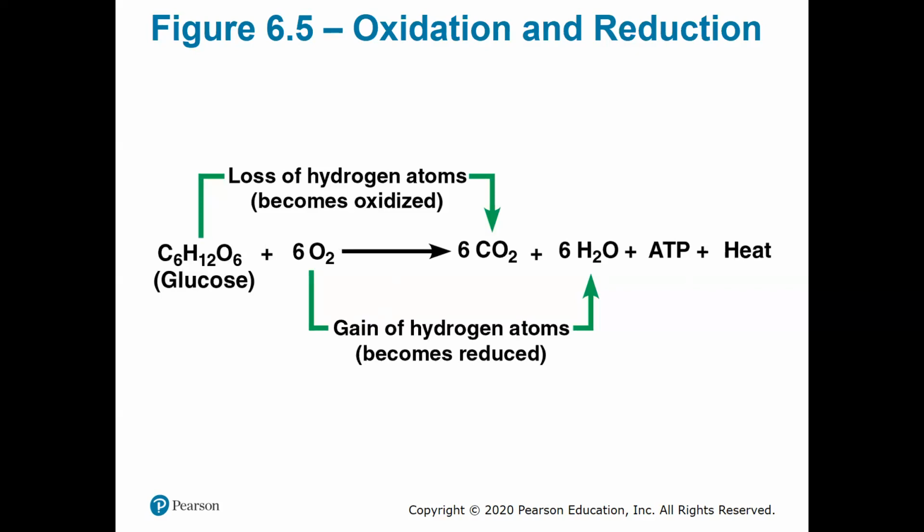So this is the equation for cellular respiration again, but now the molecules are labeled as either being oxidized or being reduced. So if you'll notice here, if you go from having hydrogen molecules like glucose to losing those hydrogen molecules, which will become carbon dioxide, that's becoming oxidized, because those electrons are negative, straight negative electrons.